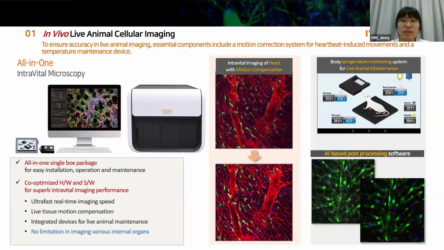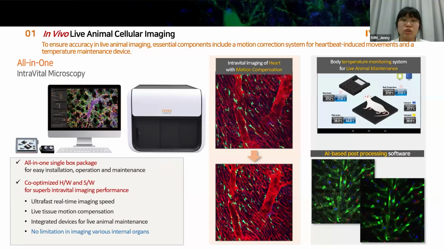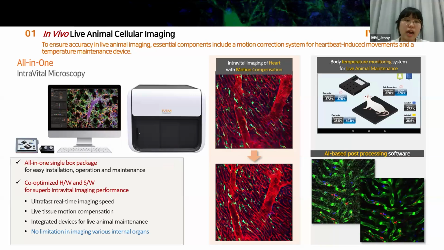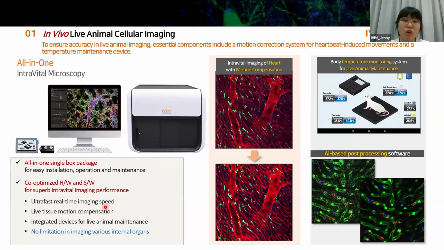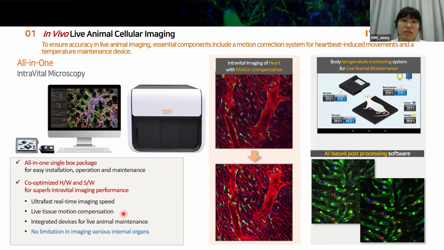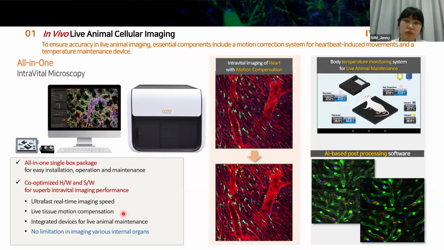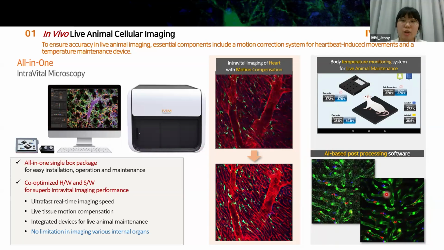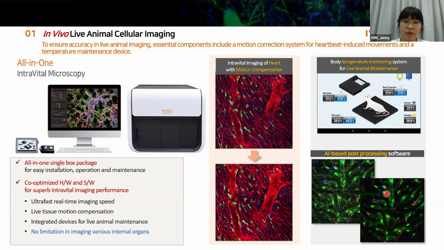The system incorporates several advanced features that ensure exceptional in vivo imaging performance, including a high-speed polygon scanner, real-time temperature monitoring system, and motion compensation technology. We also provide separately an AI image denoiser program, which is an AI-powered noise removal software.